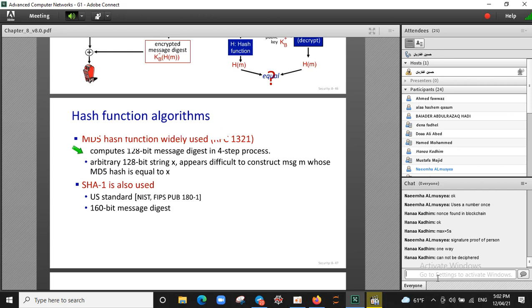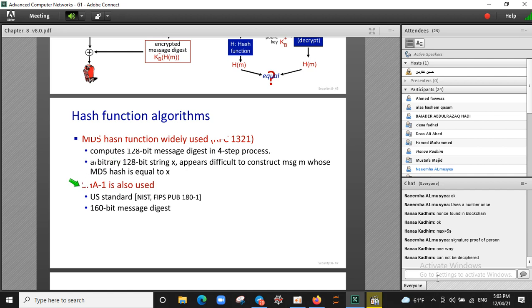This hash function computes a message digest with length of 128 bits in 4 steps, and this 128-bit string is arbitrary and it's difficult to rehash or decipher.